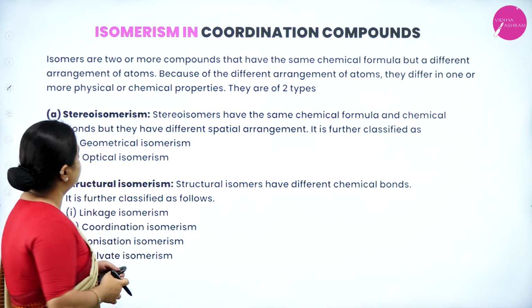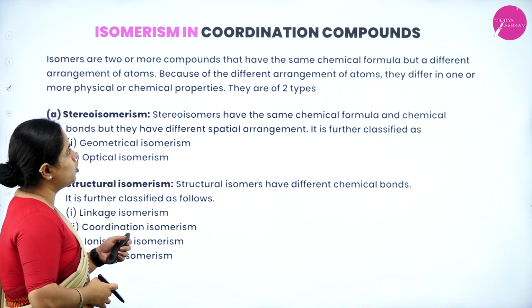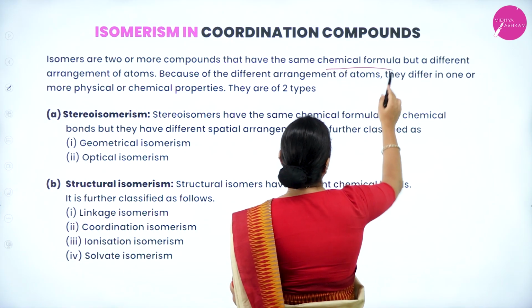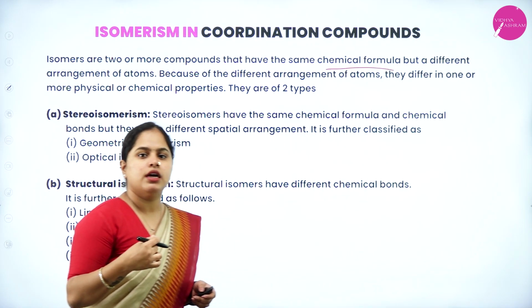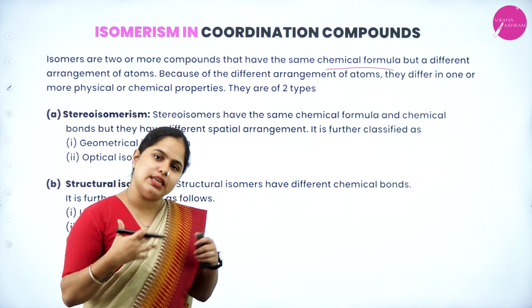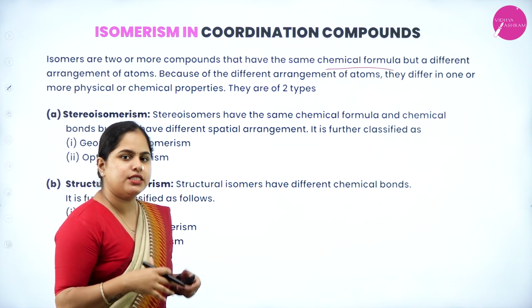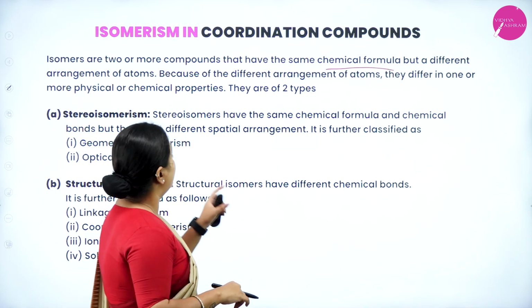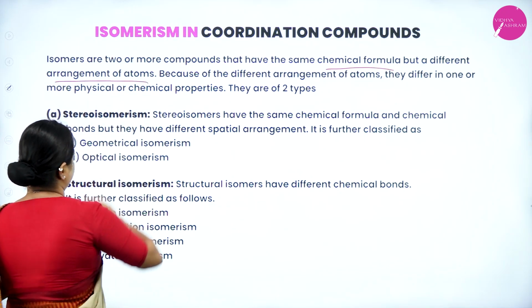So beginning with the isomerism, isomers are 2 or more compounds that have the same chemical formula, right? So we already know this definition about isomers. They are different compounds having the same molecular formula, right? But something else is differing, right? So the chemical formula is the same, but a different arrangement of atoms.